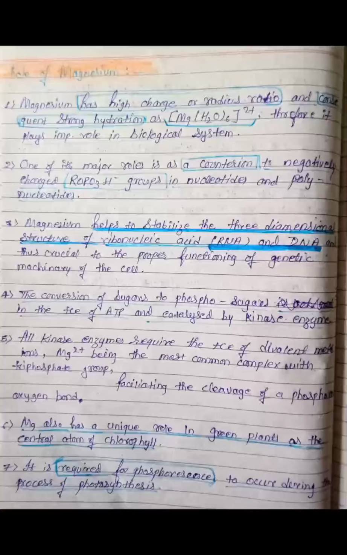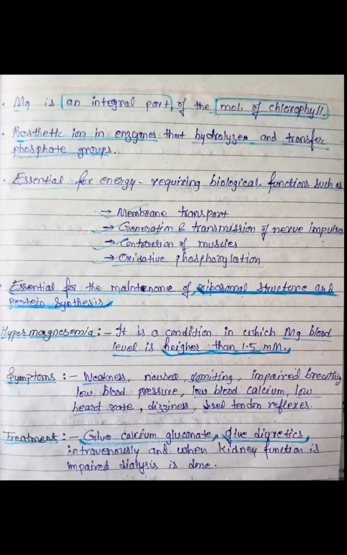Mg also has a unique role in green plants as the central atom of chlorophyll. It is required for phosphorescence to occur during the process of photosynthesis.